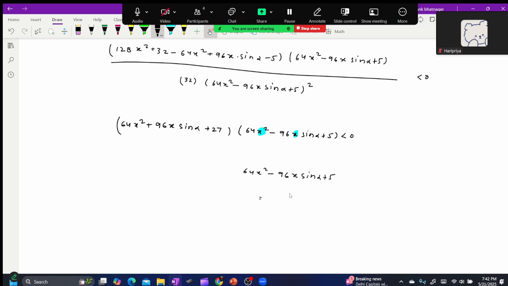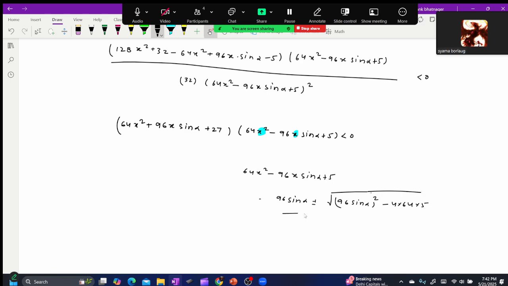Roots will be 96 sin alpha over b square, 4 into 64 into 5.